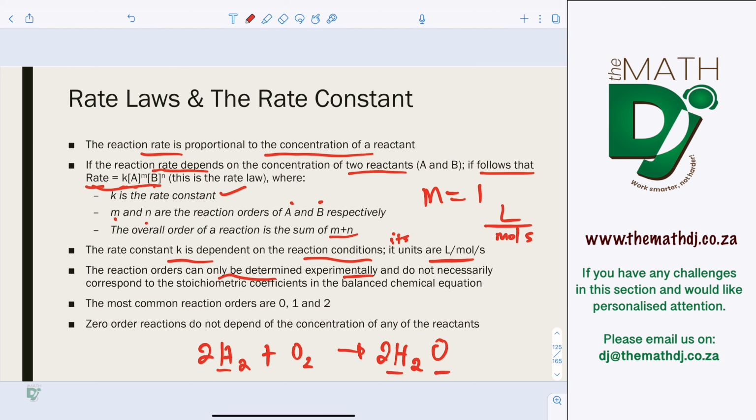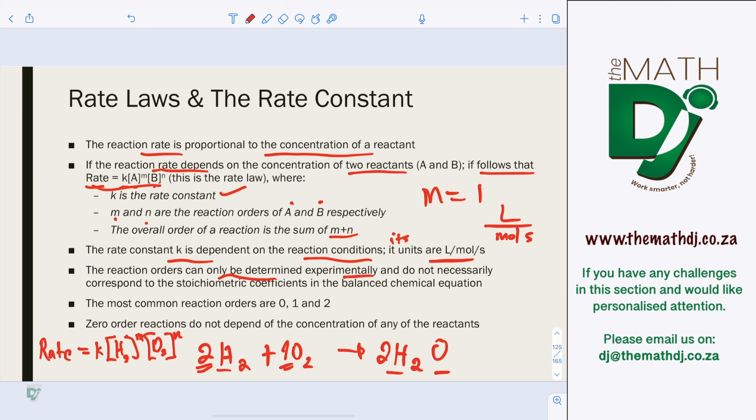So when you are referring to the rate law, we are saying the rate is equal to K, then remember the reactant hydrogen to the power M, and oxygen to the power N. So what we mean is that M and N are not these numbers here.